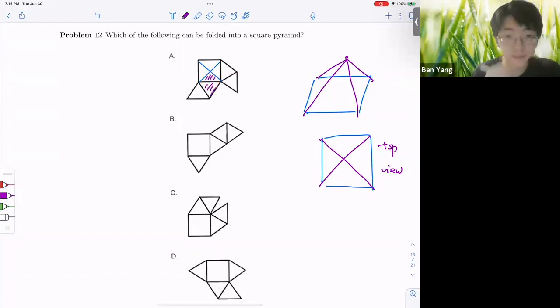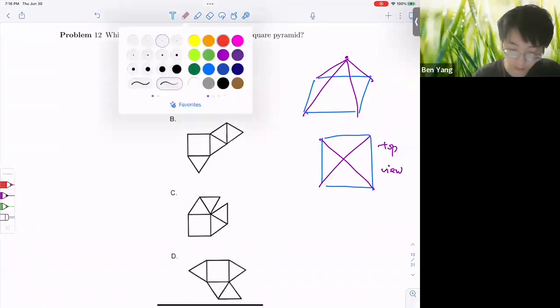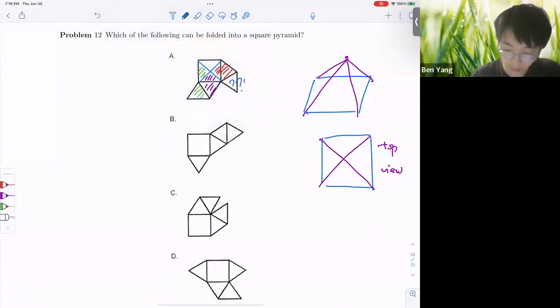Let's do purple. And if you look at the bottom left triangle here, after you fold it, it's probably going to go there. So let's do green. And of course we have red, red. But then this bottom right triangle might be an issue, because after we fold it, it will probably go here. So we're not going to make a square pyramid. So yes, not A.